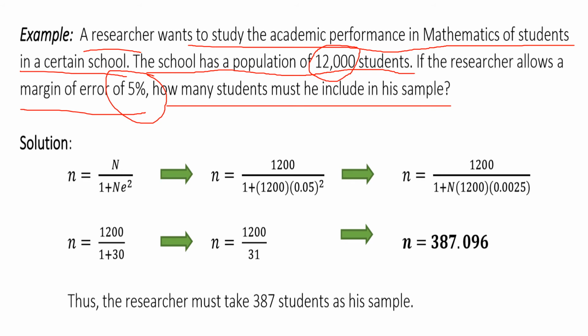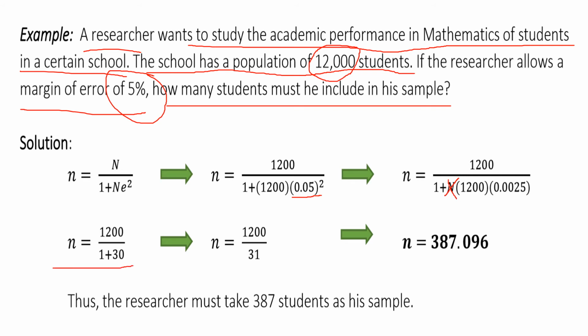So 12,000 over 1 plus 12,000 multiplied by 0.05, that will be your margin of error squared. Then we simplify. There's a typo here. There is no n here, so you need to erase this n.